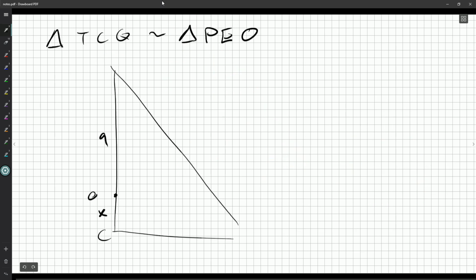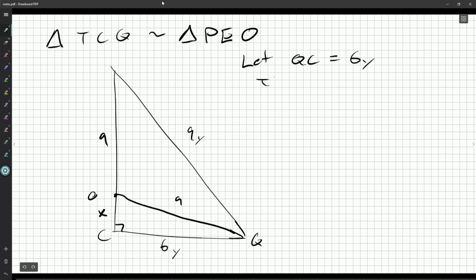We also have another 90 degree triangle in here. And we know, so if I call this 6y, this has got to be 9y. So let QC be 6y, then TQ is 9y.